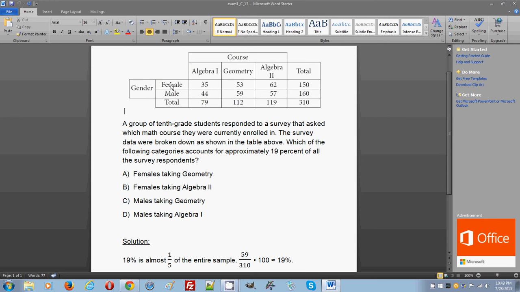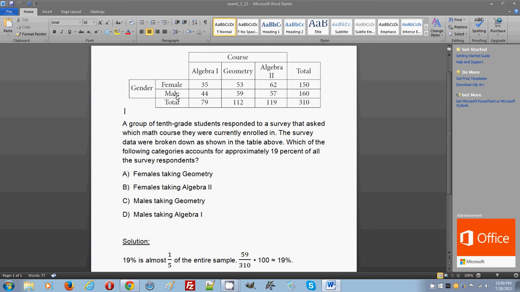The first row, the female row, designates the number of female students taking Algebra 1, Geometry, and Algebra 2, and the total number of females in the entire group of 10th grade students is 150. So again, 150 females in total.